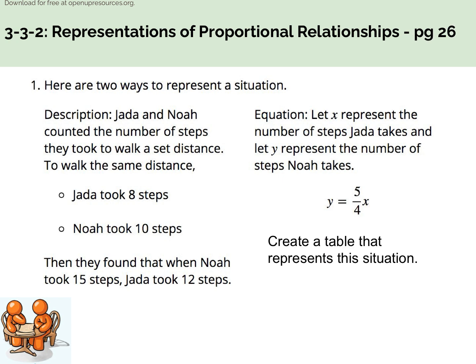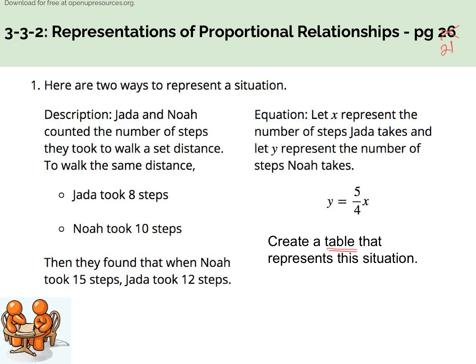All right, so again, let's create a table. The table is really going to help us. We're going to write a table on page 21 that goes along with this situation. So both the equation and the table work for Jada and Noah's situation.